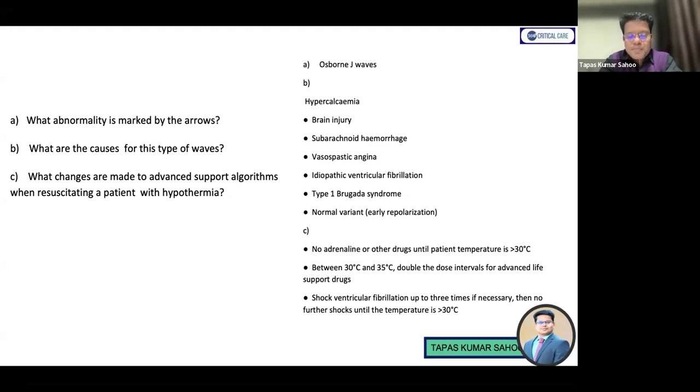I would explain this. Now, you have to shock ventricular fibrillation or ventricular tachycardia up to 3 times if necessary. Then you have to wait till the temperature is more than 30 degrees centigrade. These are some of the changes in the pharmacotherapy, in the shock delivery, and also in the CPR style.